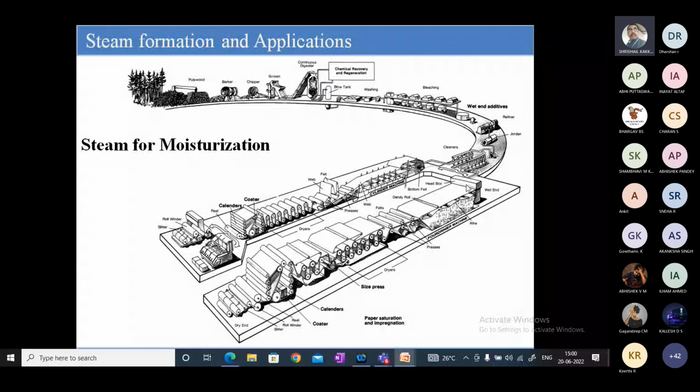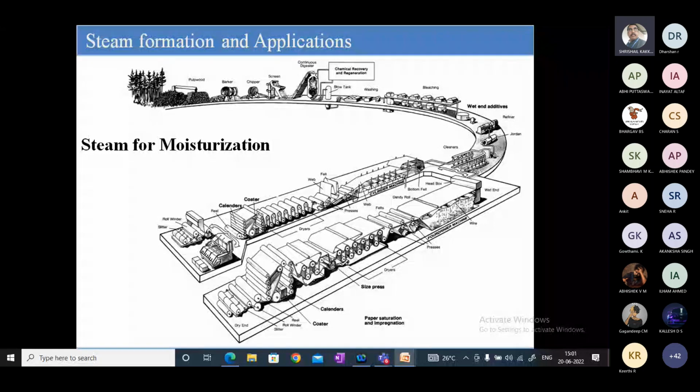While it is flowing through these stages, you can see that for all the stages, steam is very important. Steam moisturization is very, very important for paper mill industries. This is the moisturization. To maintain proper paper quality, and to avoid clogging of the paper with the rollers, to separate the paper without tearing, and by the time it comes to the end, it has to be totally dried up, so it is ready to be used.